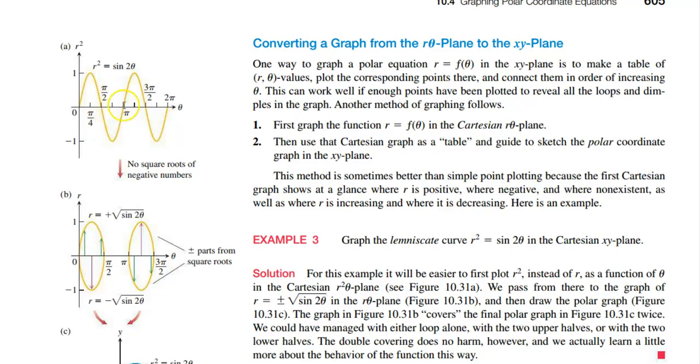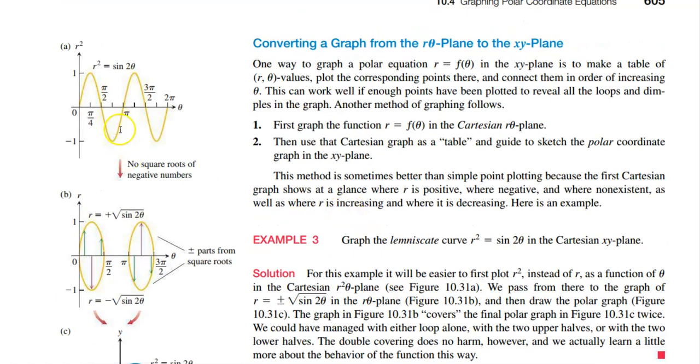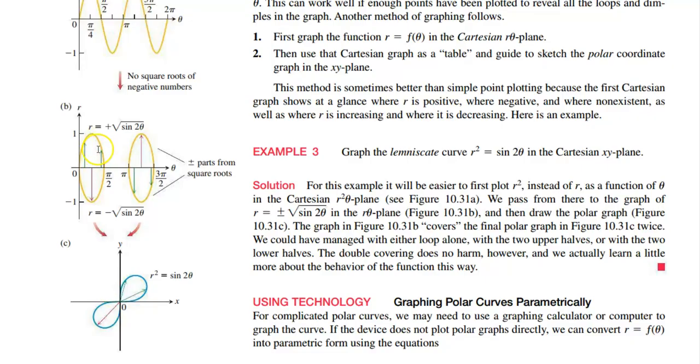We get this graph up top. We plot r squared instead of r as a function of theta in the Cartesian r squared theta plane. Then we pass to the graph of r equals plus or minus the square root of sine 2 theta, which is when we take the square root of both sides. In the second graph, we have the positive and negative parts from the square root.